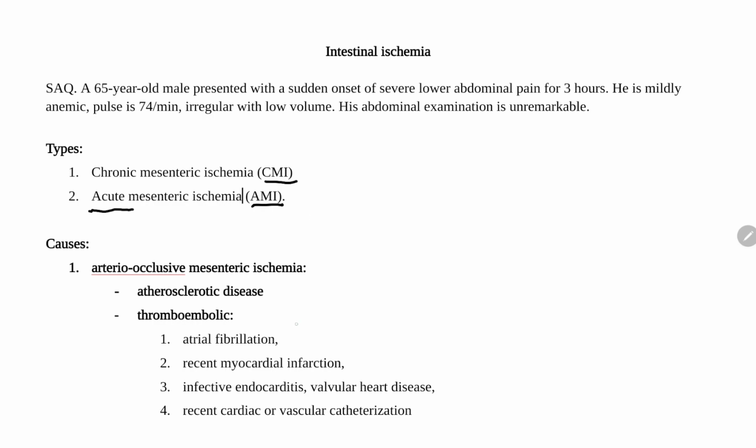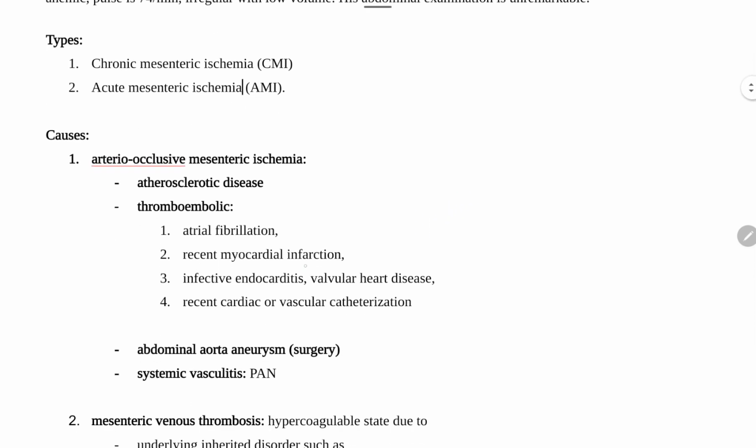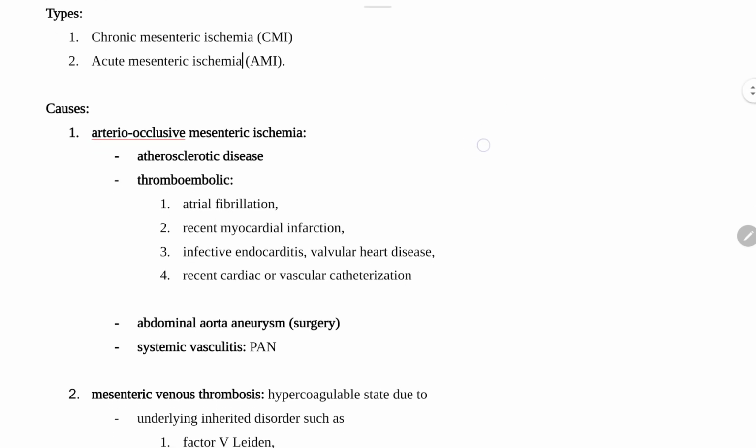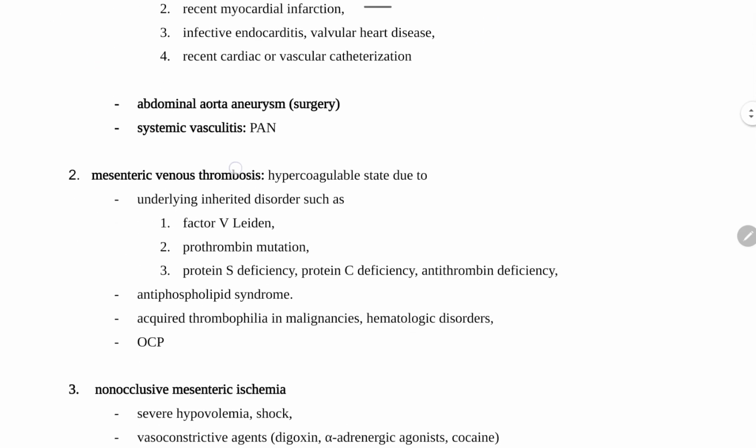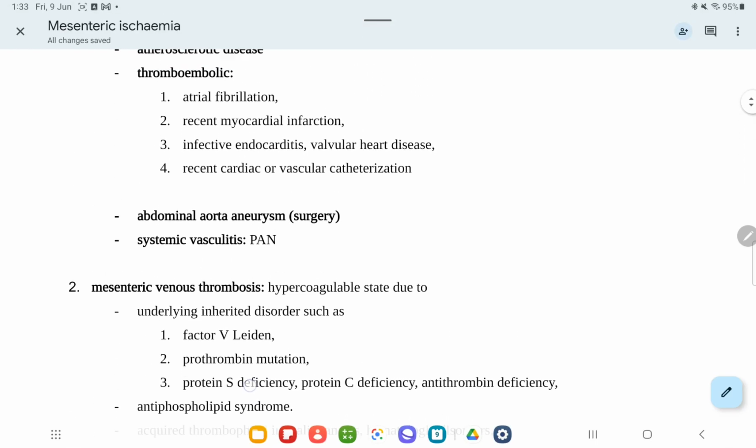Now the causes of intestinal ischemia, whether chronic or acute. The headline causes of mesenteric ischemia are mainly three: arterial occlusion, venous occlusion, and non-occlusion.